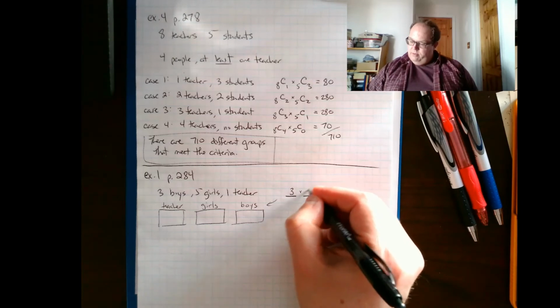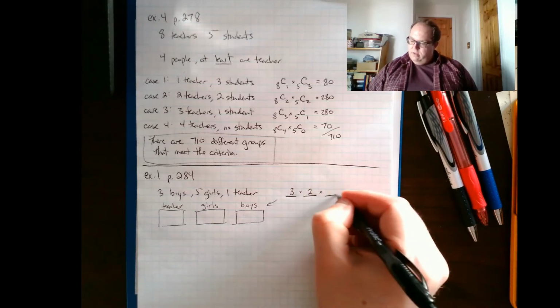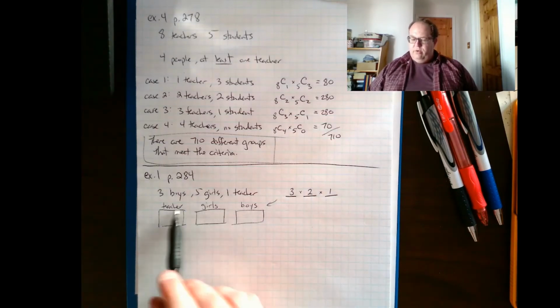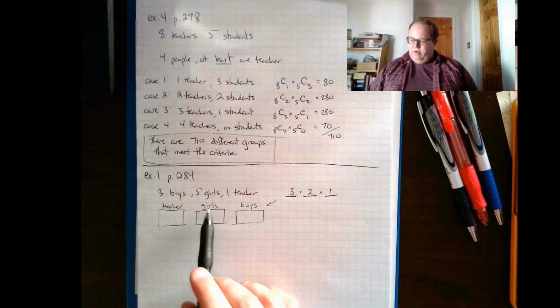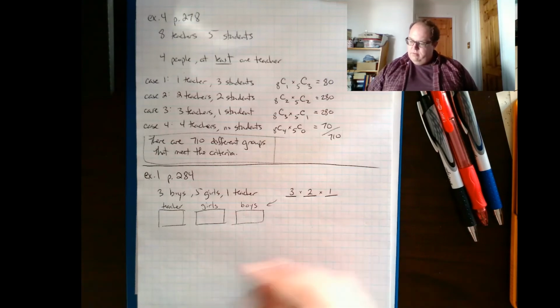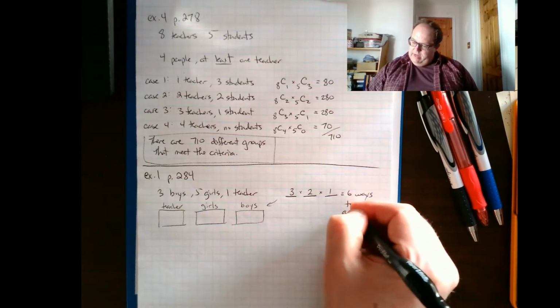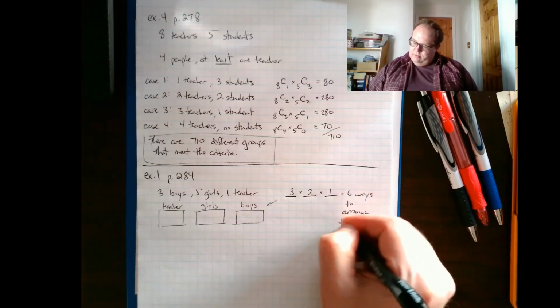My second group, one of 2 possible choices. My last group, just 1 choice. That's how many ways you can say which group is going where. Teacher could be in any of these spots, girl could be in any of these spots, boy could be in any of these spots. So there are 6 ways to arrange the 3 groups.